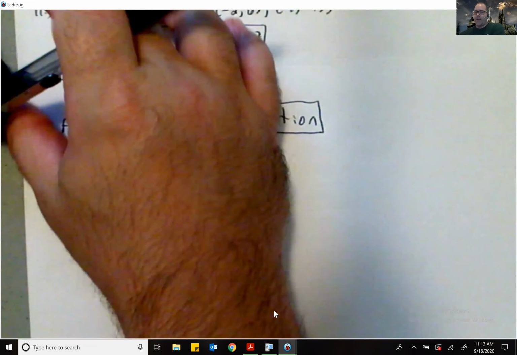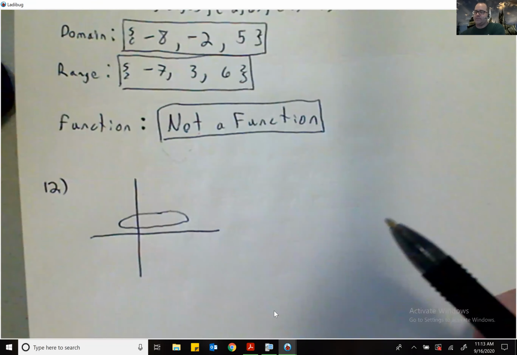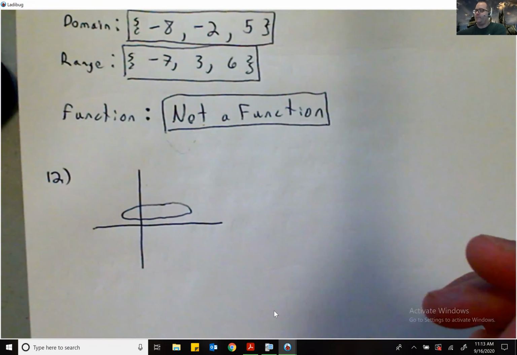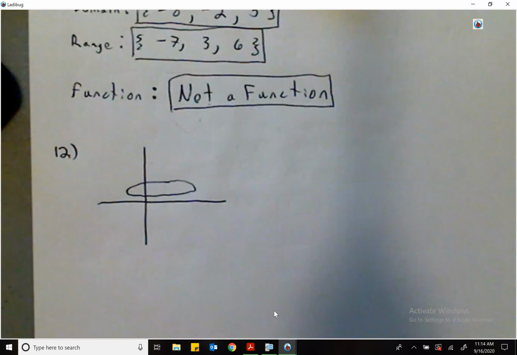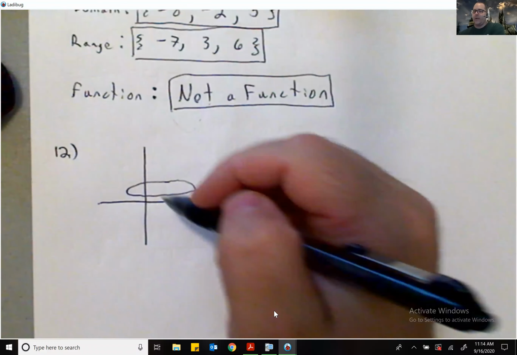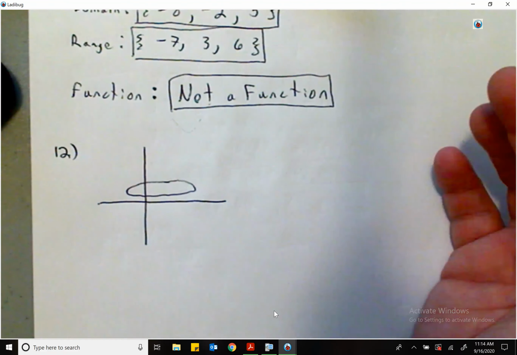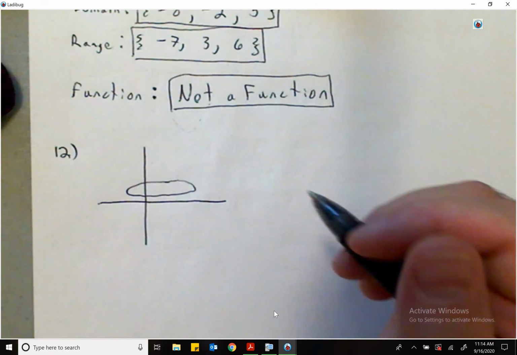Do you remember what happens if a vertical line hits the graph 2 or more times? Is that good or bad? It's bad. So if I draw vertical lines and I hit my graph 2 or more times, it is not a function.